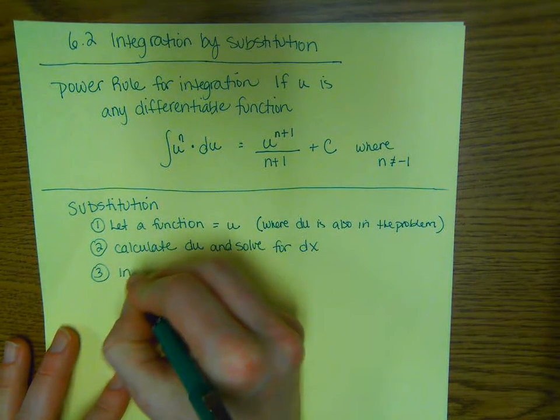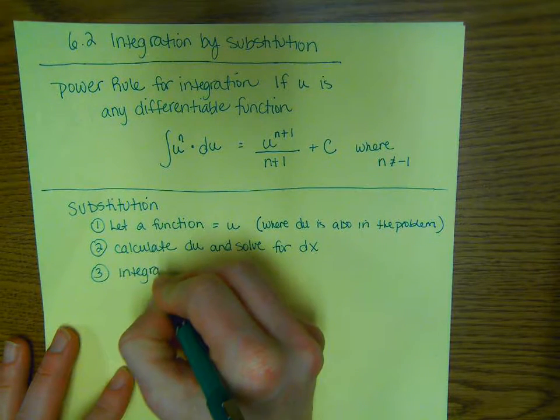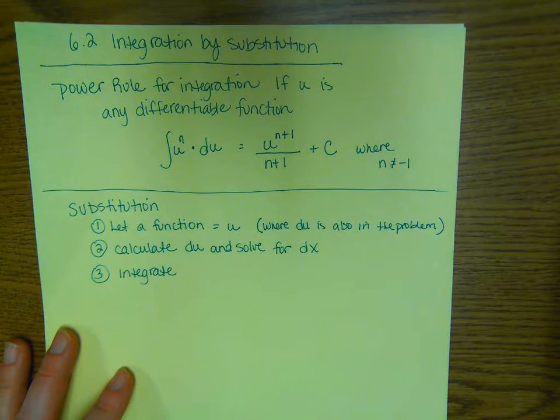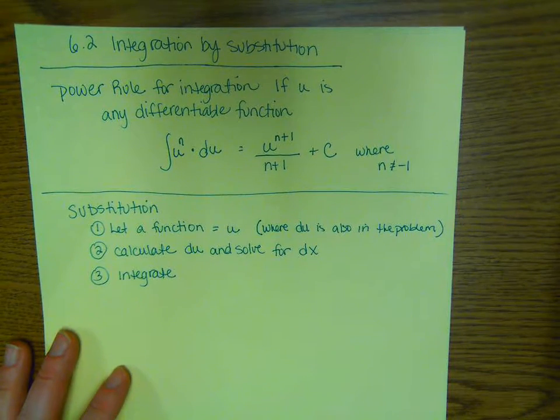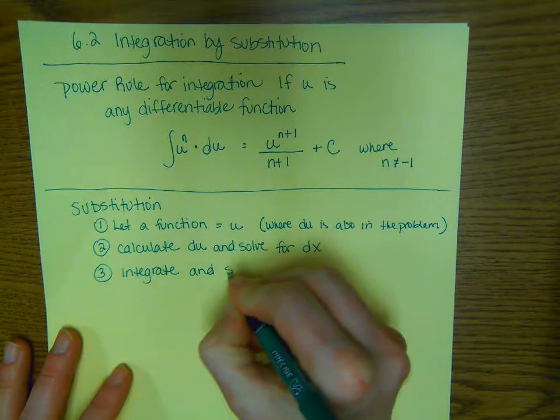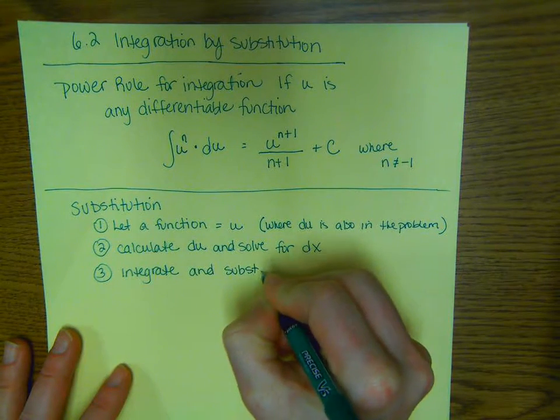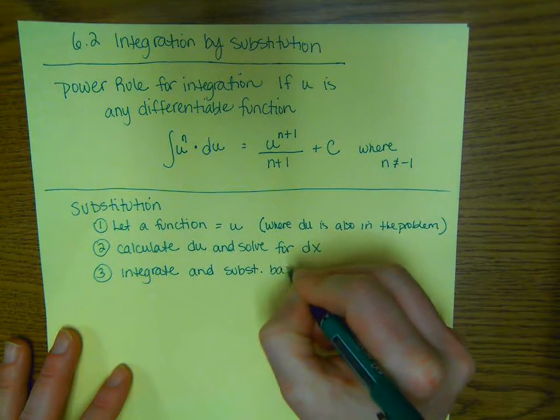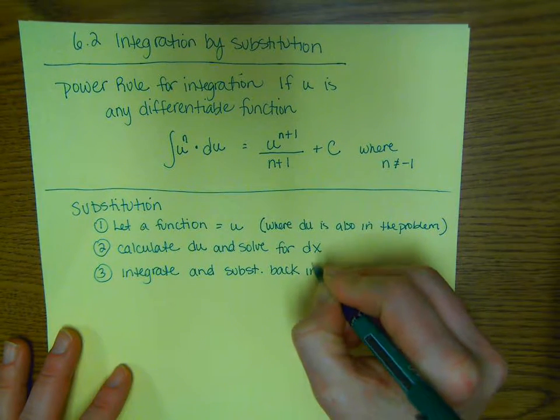You're then going to integrate the function, and it's going to be in terms of u. And then you're going to substitute back in for u and du if necessary.